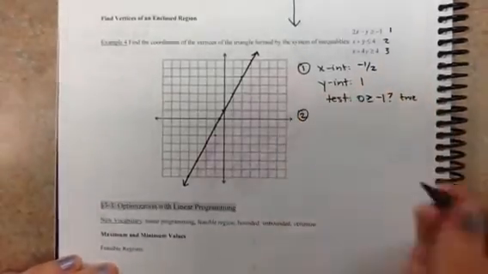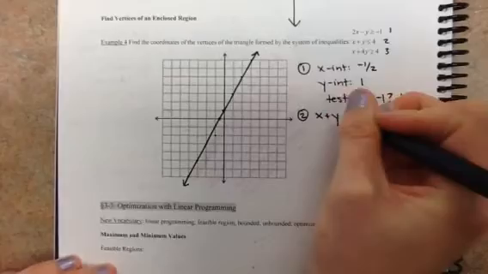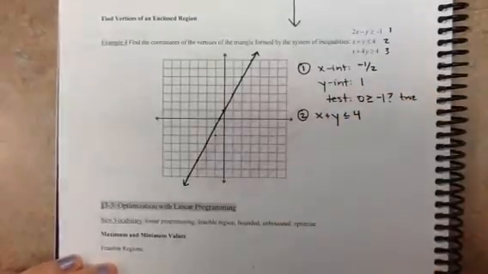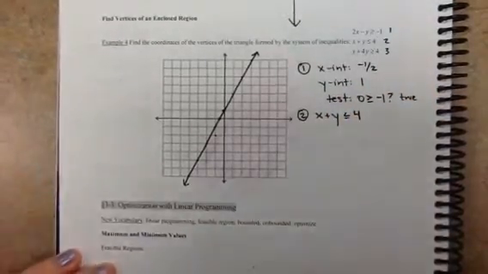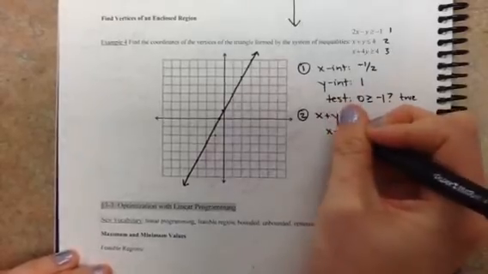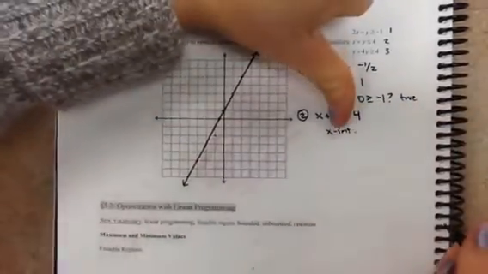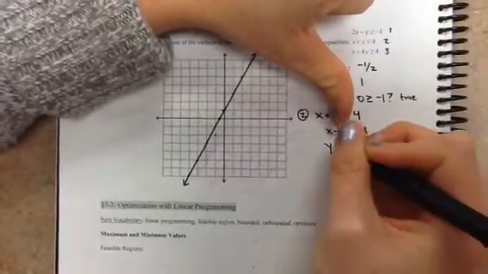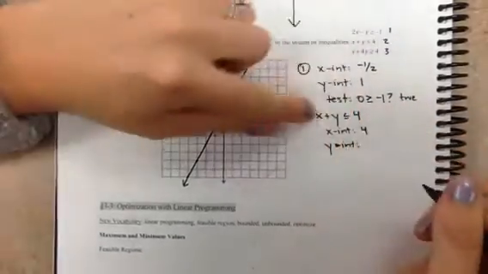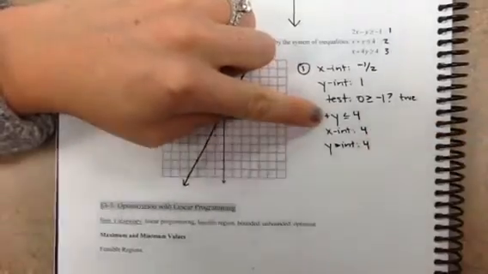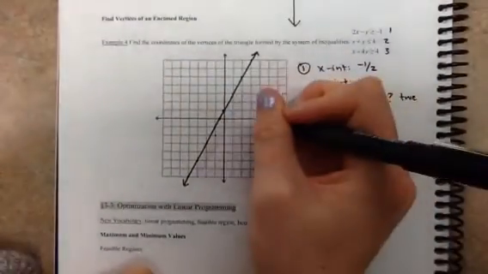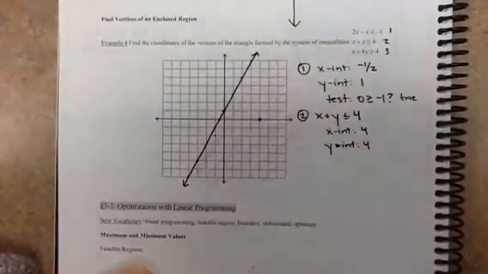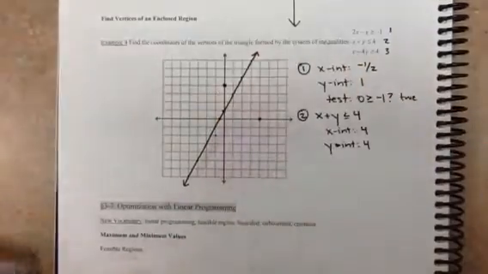So number 2, we've got x plus y is less than or equal to 4. We're going to do the x and y intercepts for this one too. For the x-intercept, we plug in 0 for y, so we end up with 4. For the y-intercept, plug in 0 for x, so our y-intercept is also 4. So we plot 4 on the x-axis and 4 on the y-axis.